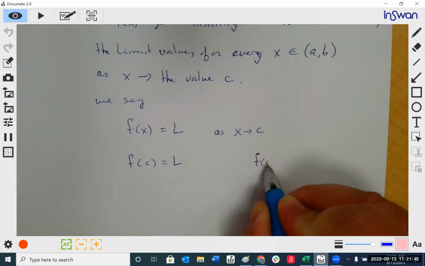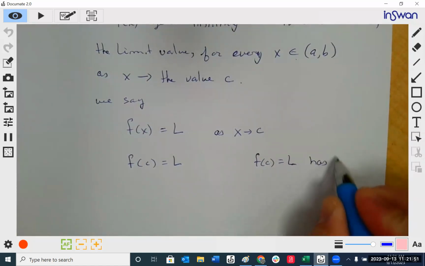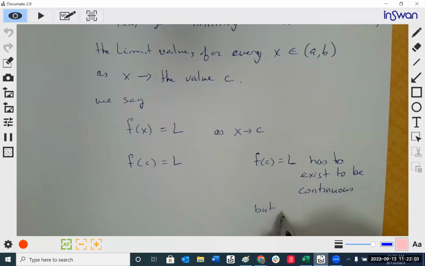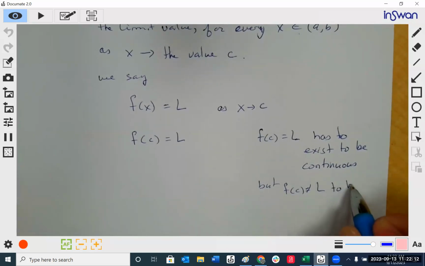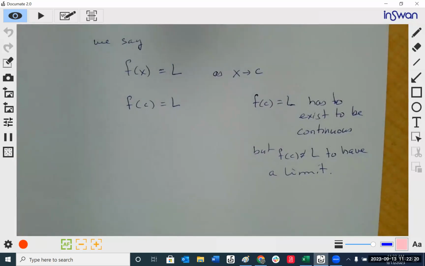So let me put that down: f of c equals some number has to exist to be continuous, but f of c doesn't have to actually equal L to have a limit. This is the way we would write our limit function.